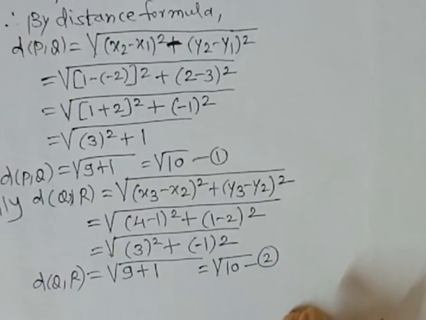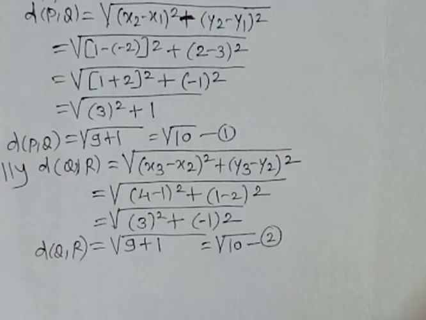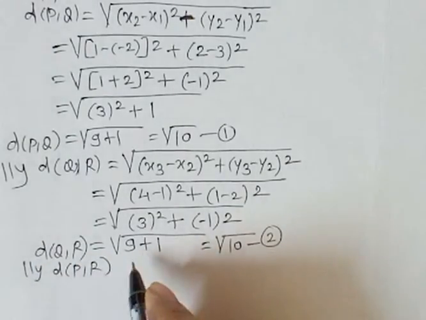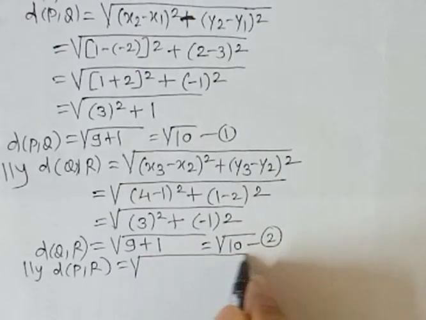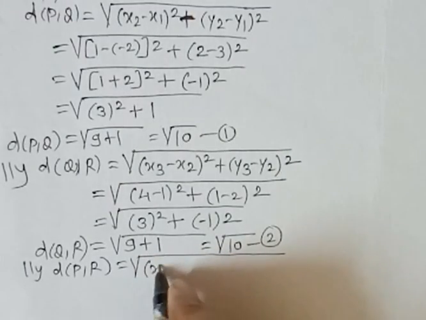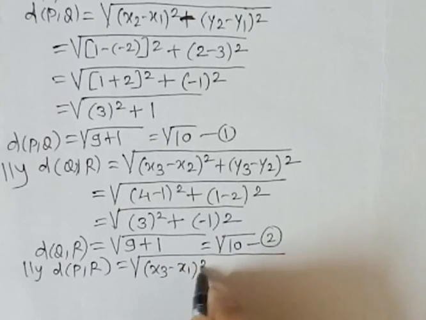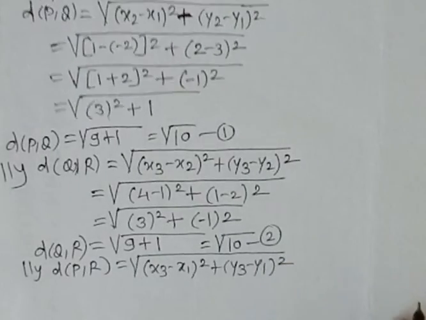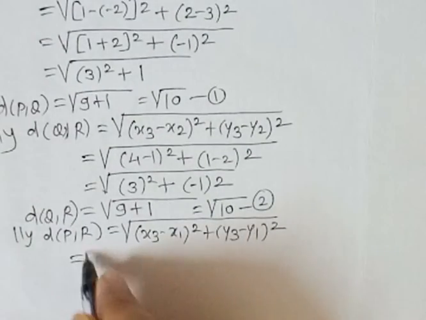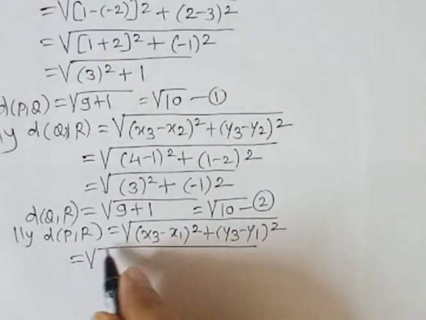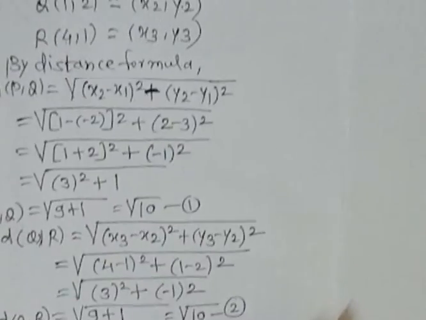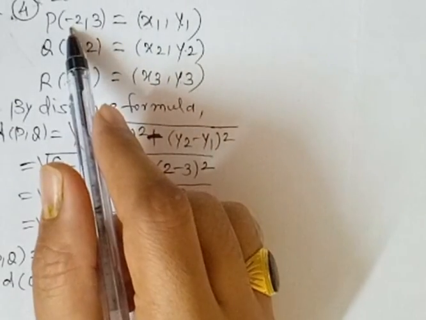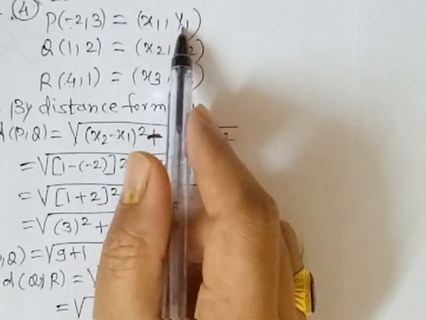Now we have to find distance PR. Similarly, distance PR is equal to under root (x3 minus x1) whole square plus (y3 minus y1) whole square. Here x3 is 4 and x1 is minus 2, y3 is 1, y1 is 3.